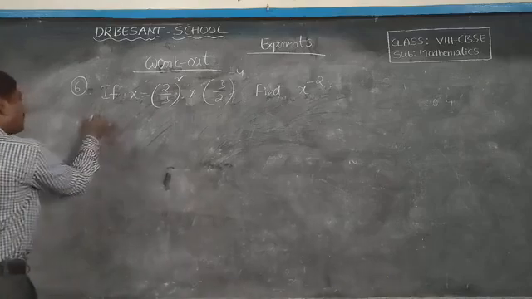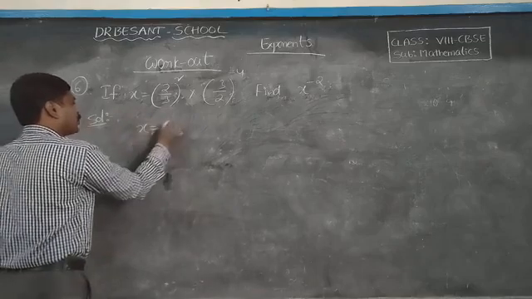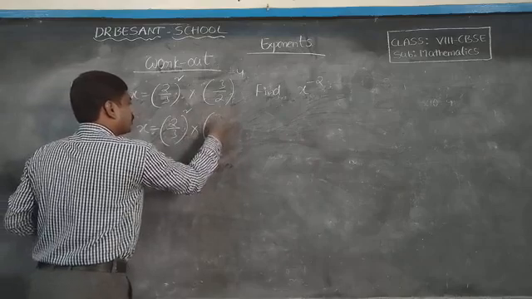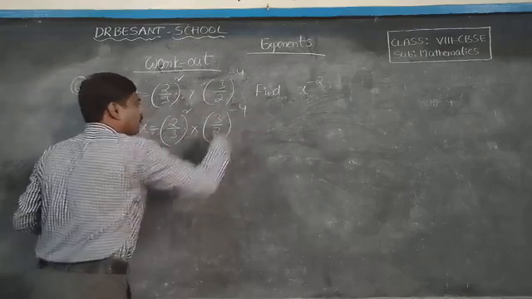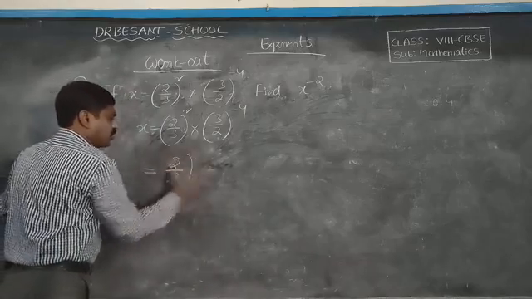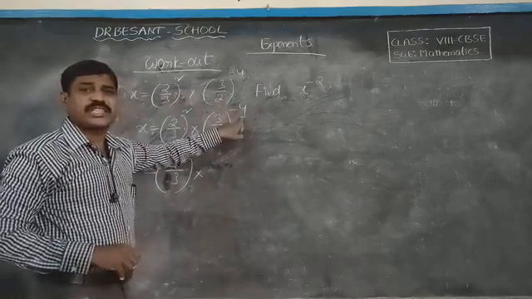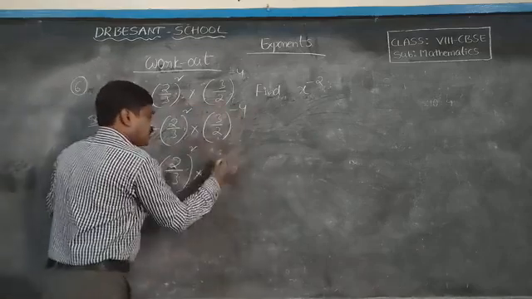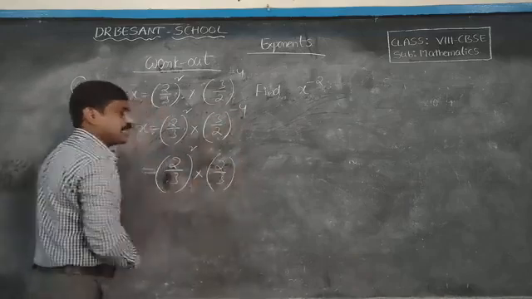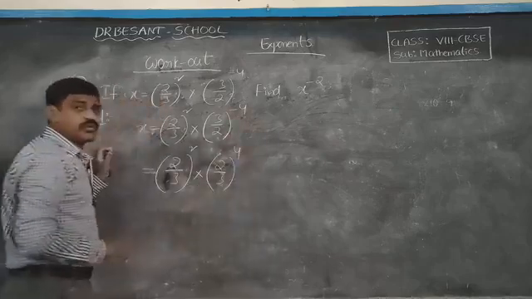See, first of all, x is equal to (2/3) whole square into (3/2) whole to the power of minus 4. This can be written as, what is the reciprocal of 3 by 2? 2 by 3, then the exponent minus 4 will become plus 4.